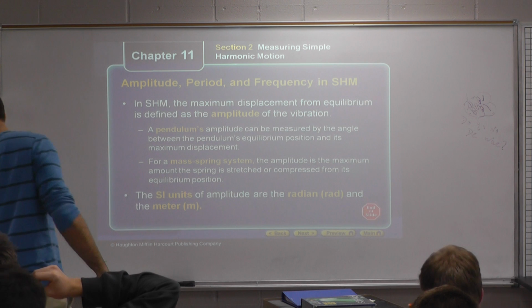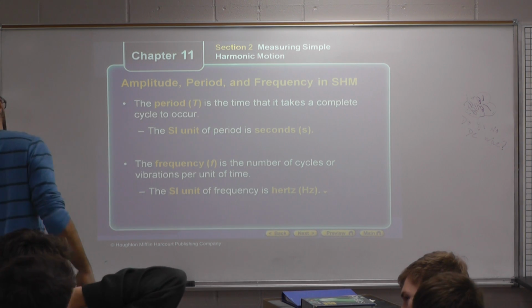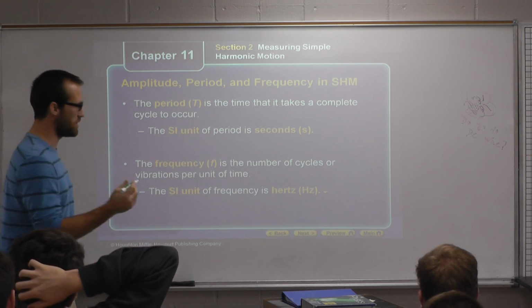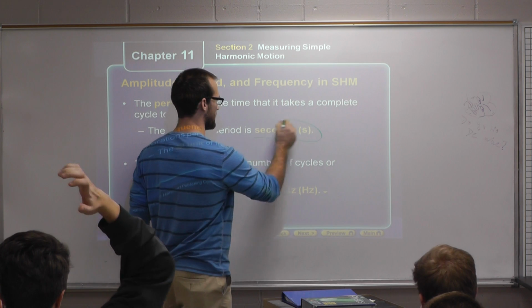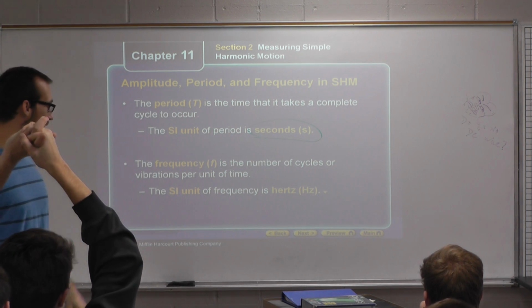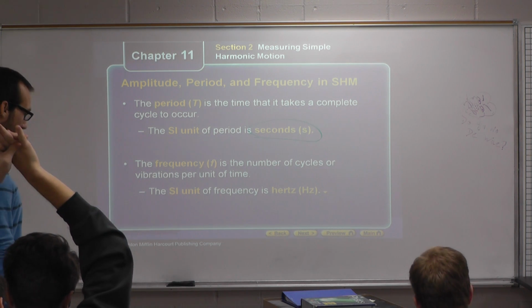Here are your units for period: since the period is the time it takes to complete a cycle, we would need a time unit to quantify that. And secondly, your frequency is going to have the unit hertz.